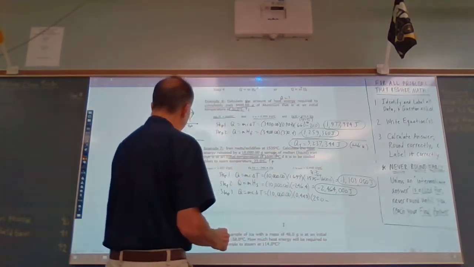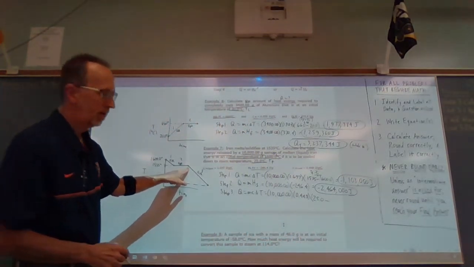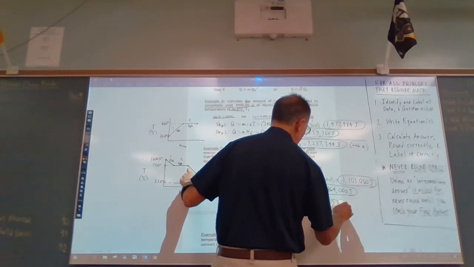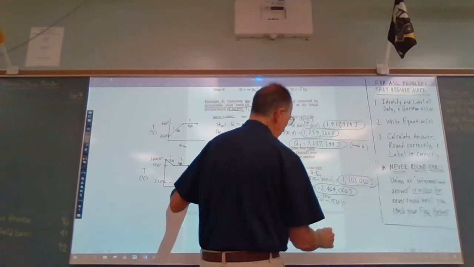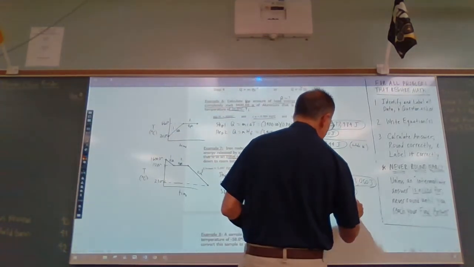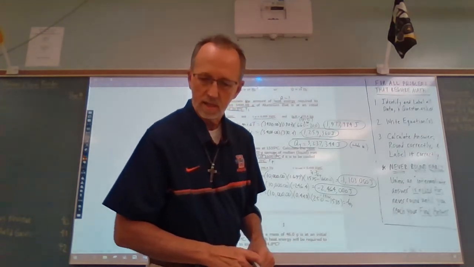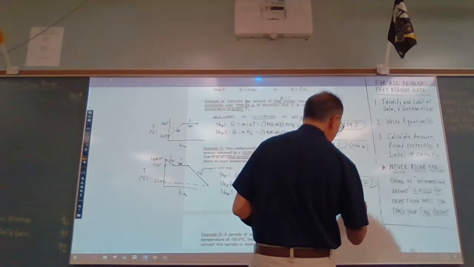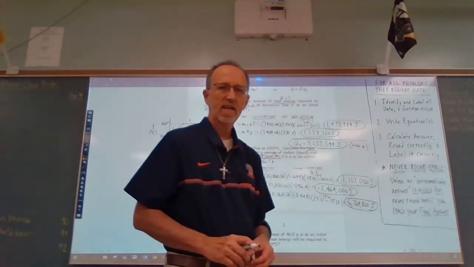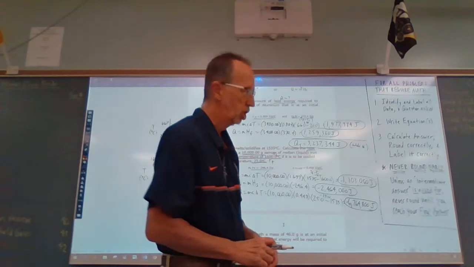Our initial temp was back up here at its freezing point, 1535. So it looks like negative 1510 is delta T. And again, answer, negative 6,764,800. Three negative answers, as they should be.